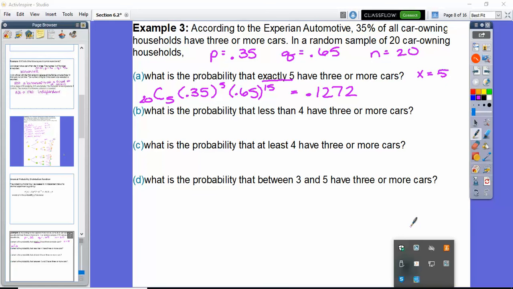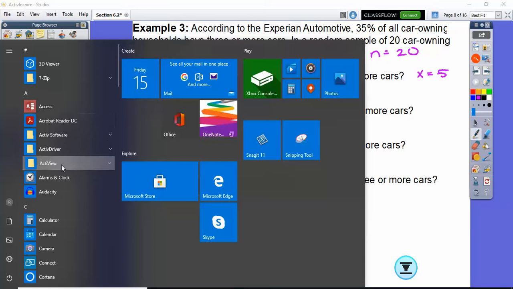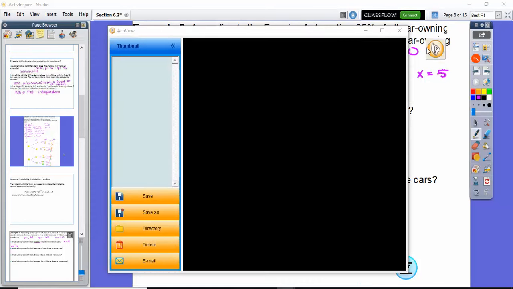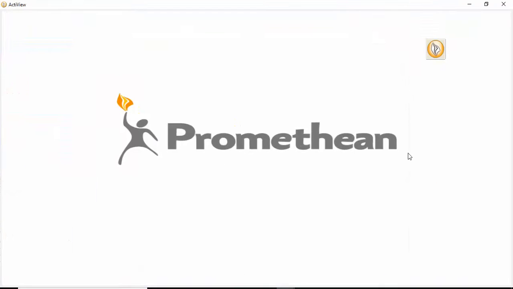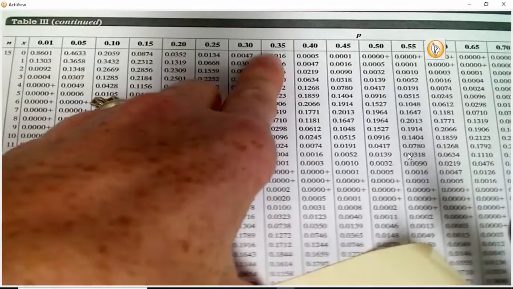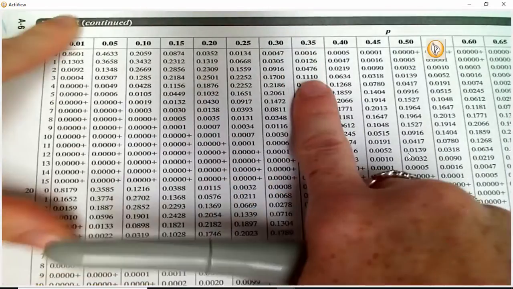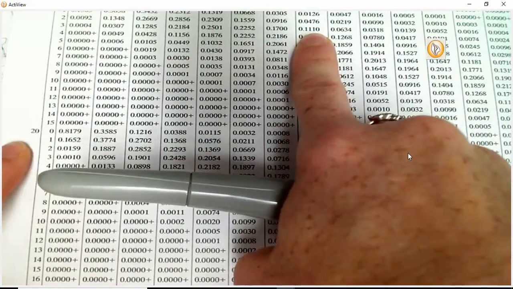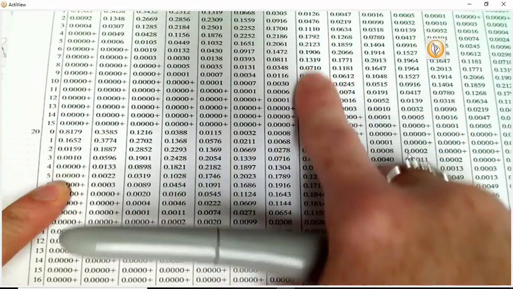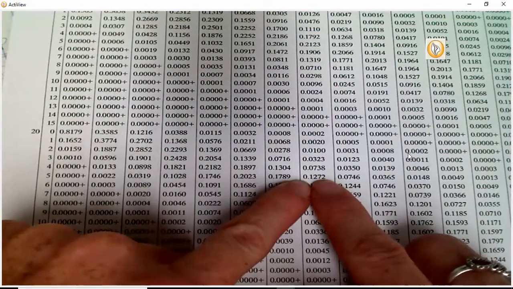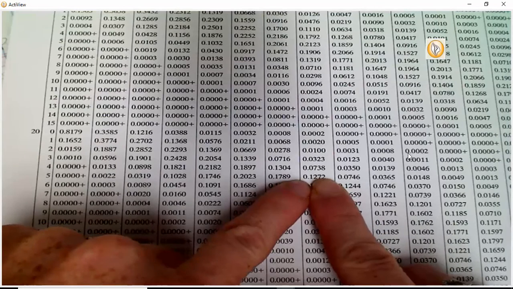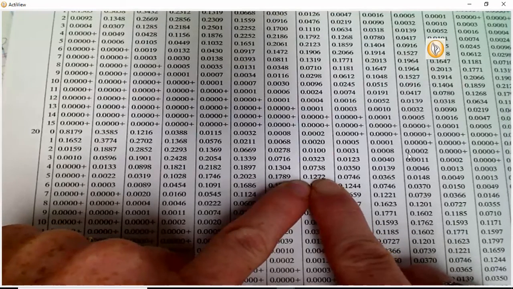So my P is 0.35, so I'm looking in this column. My N is 20, so we have to go to the section of that table with N is 20, and my X is 5. So I want where those things meet. So I get my 0.1272, same as we did by hand.